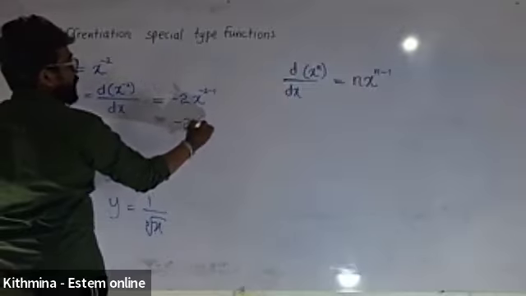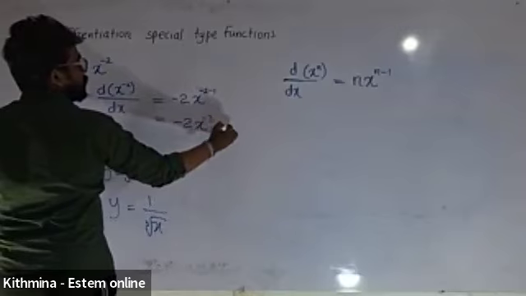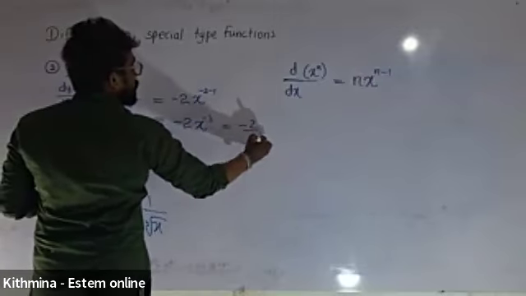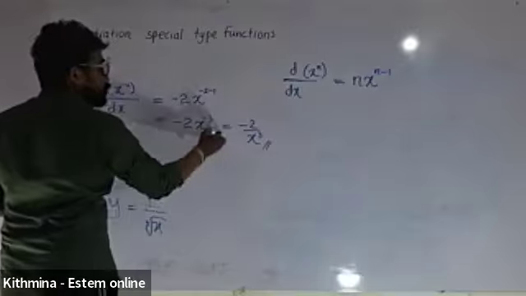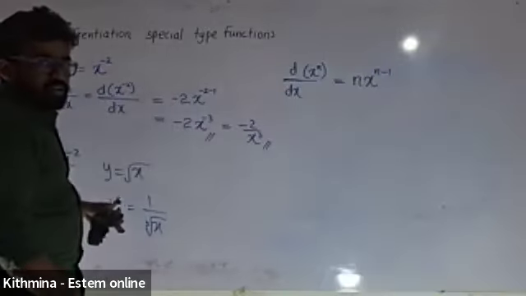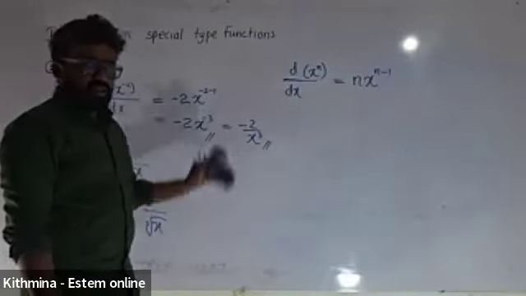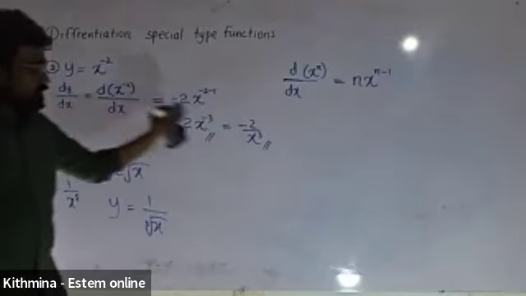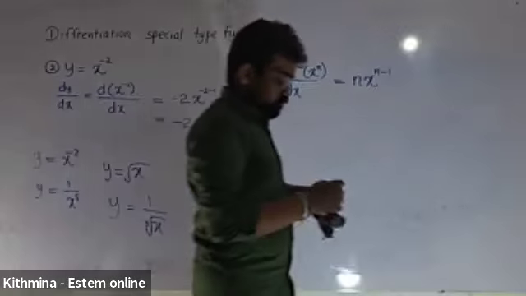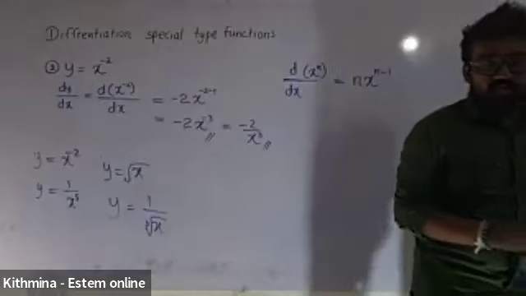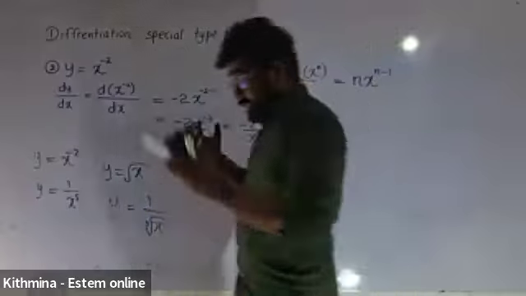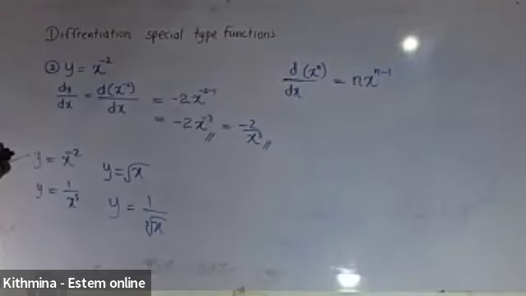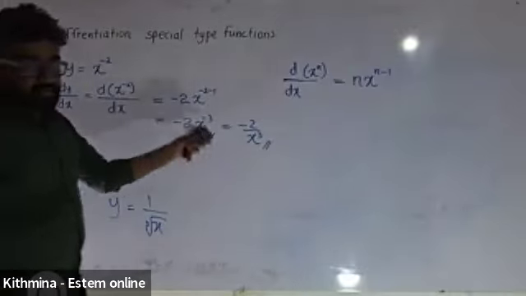Minus 2 x to the power minus 3. You can write this in this format also. Either one you can use. Now, what about the second question? Don't hesitate to ask me if any problems. Okay?